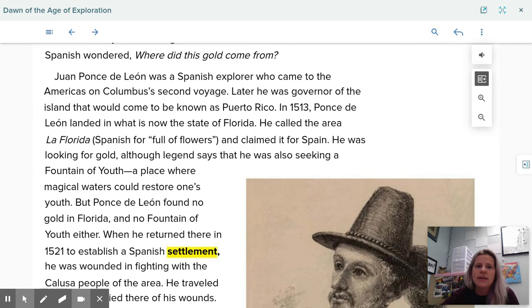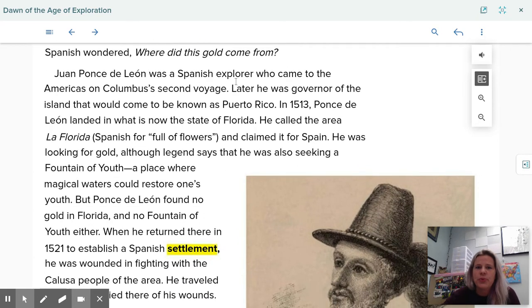Juan Ponce de Leon was a Spanish explorer who came to the Americas on Columbus's second voyage. Later, he was governor of the island that would come to be known as Puerto Rico. In 1530, Ponce de Leon landed in what is now the state of Florida. He called the area La Florida, which is Spanish for full of flowers, and claimed it for Spain.